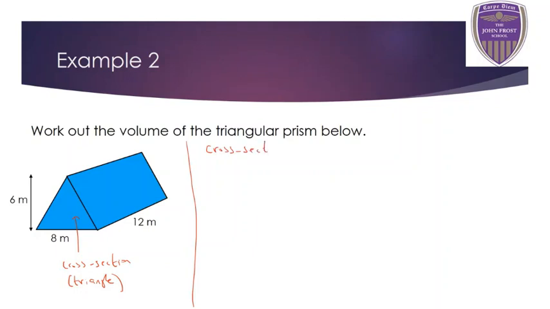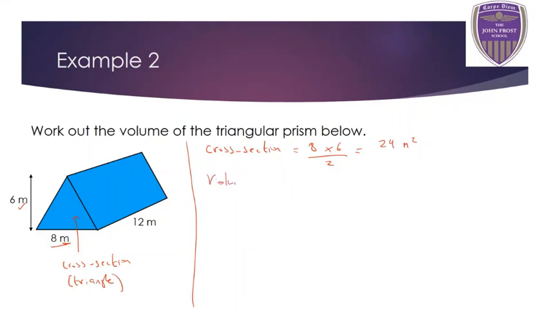So you've got the cross section area. That is the base, which is 8, times the vertical height, which is 6, divided by 2. 8 times 6 is 48. 48 divided by 2 is 24. This time it's going to be meters squared because I've got meters in my units.